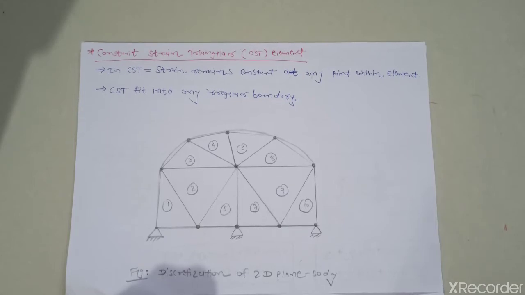This three-noded triangular element is also known as the constant strain triangle, or CST, because the strain remains constant at any point within the element.